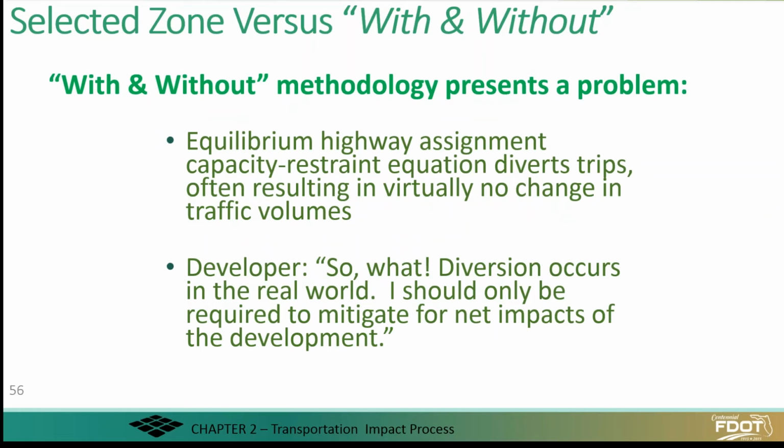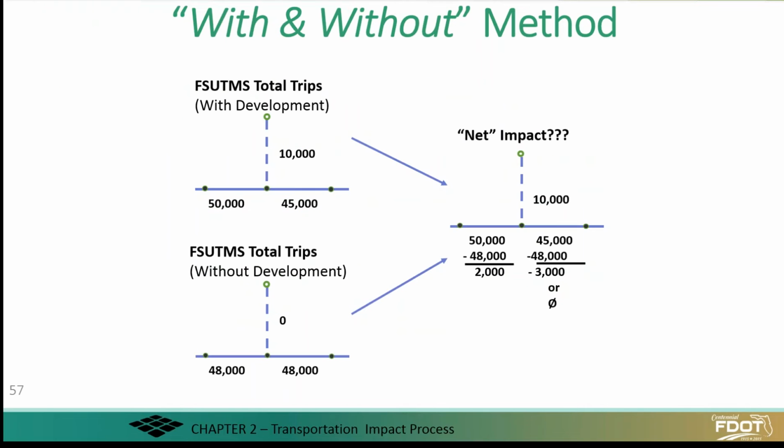And oftentimes, the response to this may be, so what, diversion occurs in the real world, and I should only be responsible to mitigate the net impacts of the development. So after all of the congestion has been rooted out by the model, after the model has found an optimal solution, only then should I be held responsible for anything that might be left over.